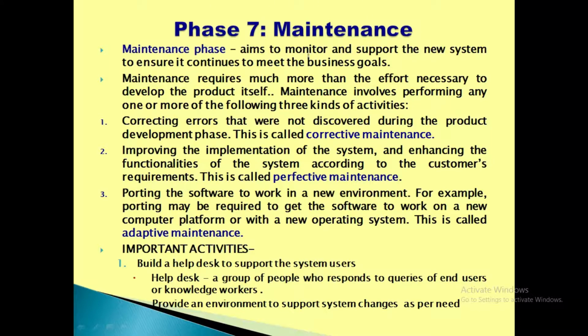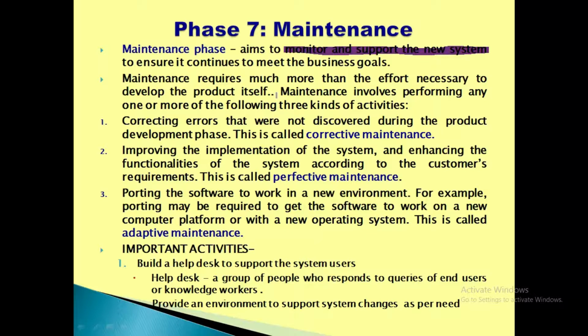Maintenance phase aims to monitor and support the new system. This is a support system basically to ensure it continues to meet the business goals. Maintenance requires much more than the effort necessary to develop the product itself. We have seen it in the very beginning that maintenance takes the maximum cost, which is 75%.